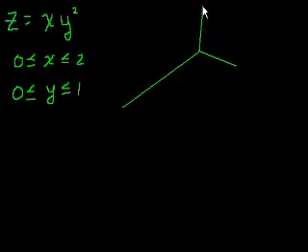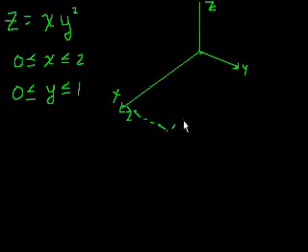That's my z-axis. X is going from 0 to 2, let's say that's 2. Y is going from 0 to 1. And we're taking the volume above this rectangle in the xy plane.